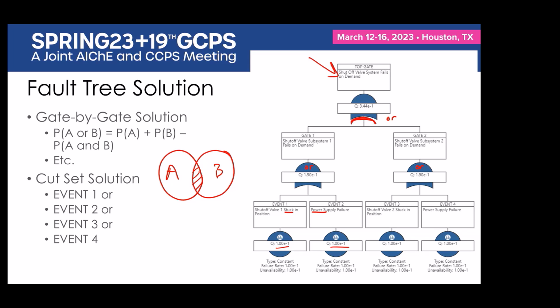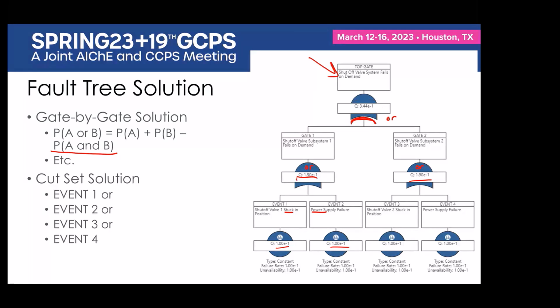So I need to throw out the overlap, which is why you have that additional term there. So for AND gates, you use probability multiplication. So basically, if you go gate by gate, you get a 1.9 for this gate, you get a 1.9 for that gate, and then you do the same kind of probability math up here to get 3.44E-1 for the total. Now, this is actually wrong.